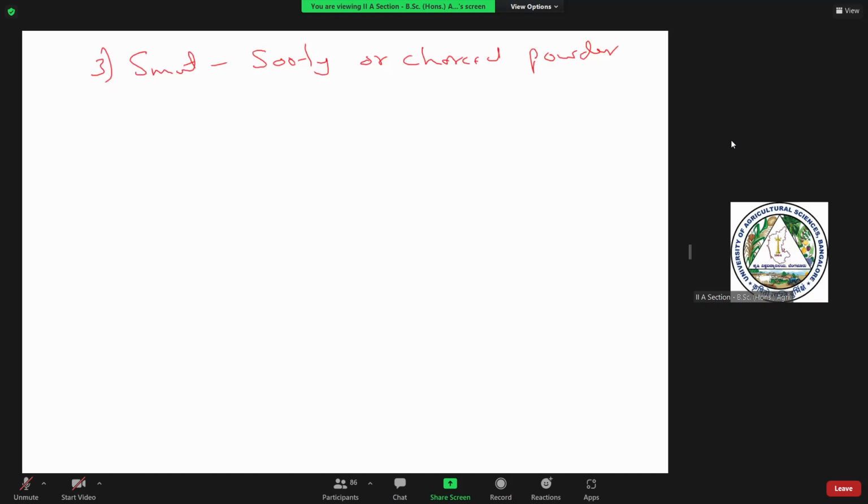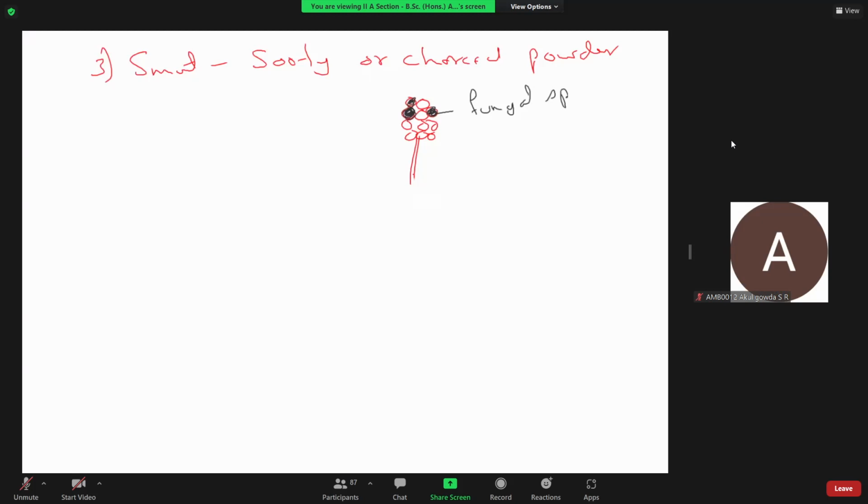The affected plant parts show black or purplish, normally black, dusty mass of fungal spores. They are basically like a charcoal powder, but they are the fungal spores.